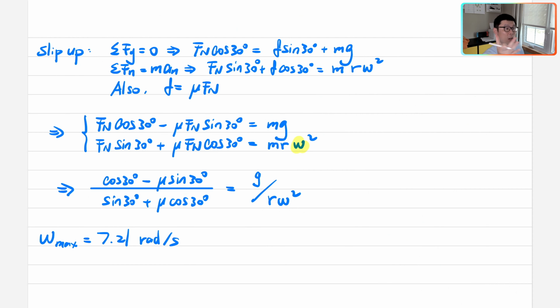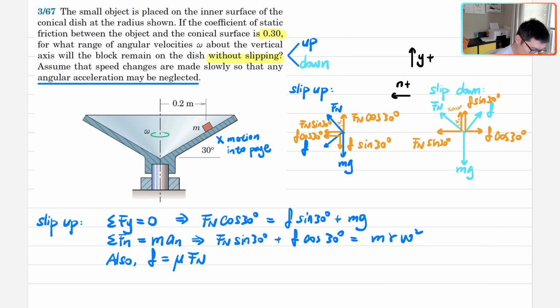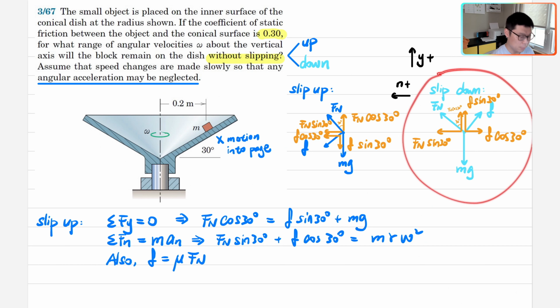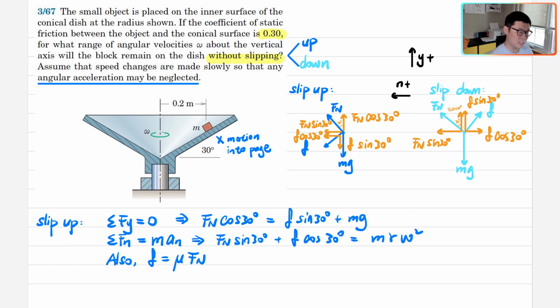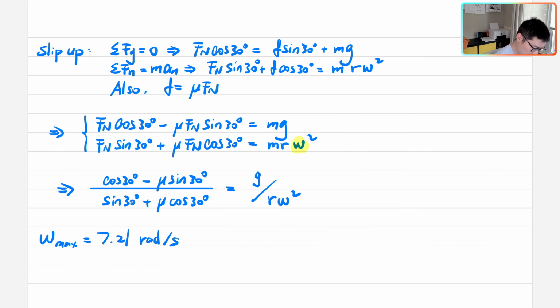If the velocity is too slow, then it's almost like a still situation. The block will start to slide down. You can try that by yourself using this free body diagram. Rework those equations. I'll give you the answer here. So this is slip up, this is our answer for the slip up scenario.